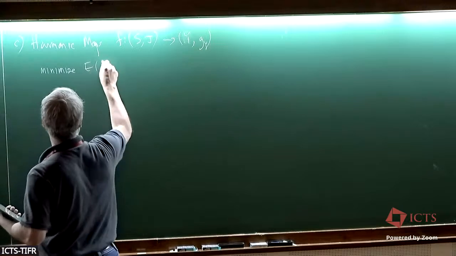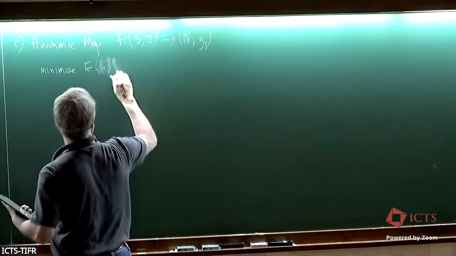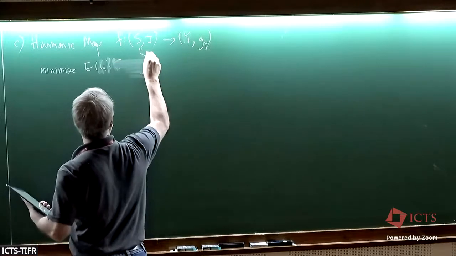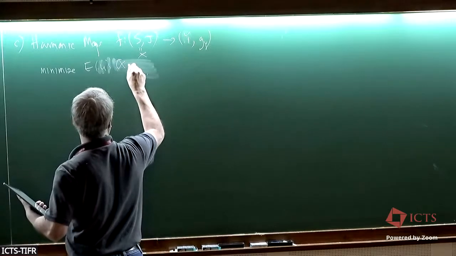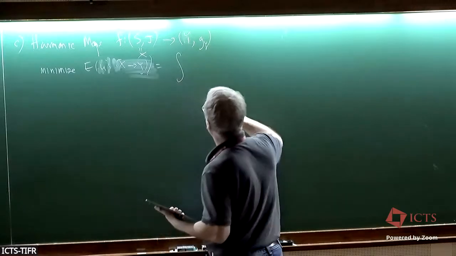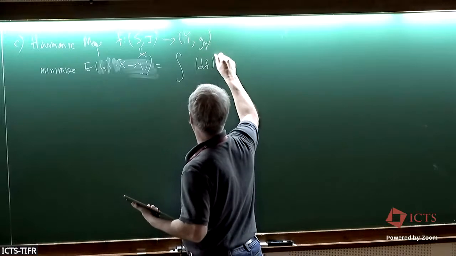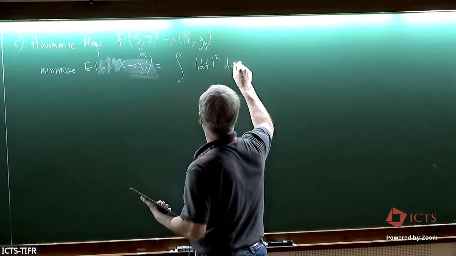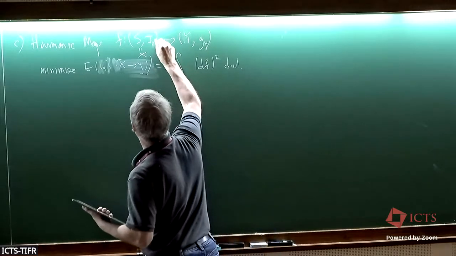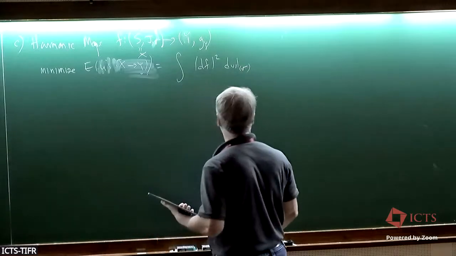So these minimize the energy of maps from x to y, given by, take the derivative of f, square it, and then integrate it with respect to the volume.